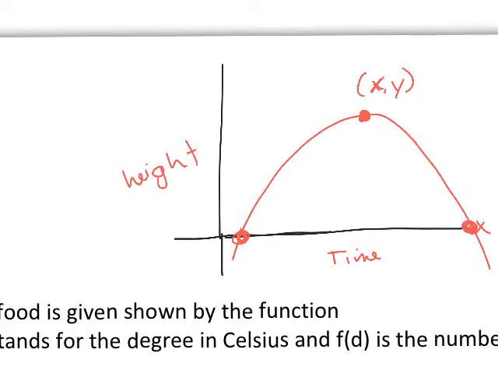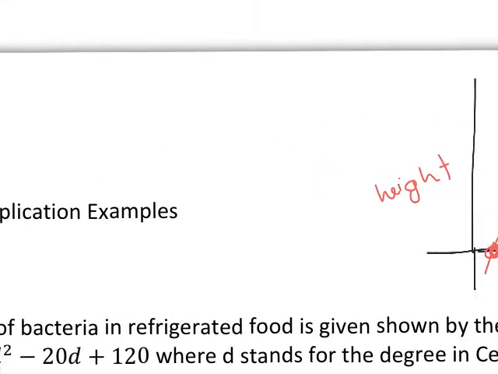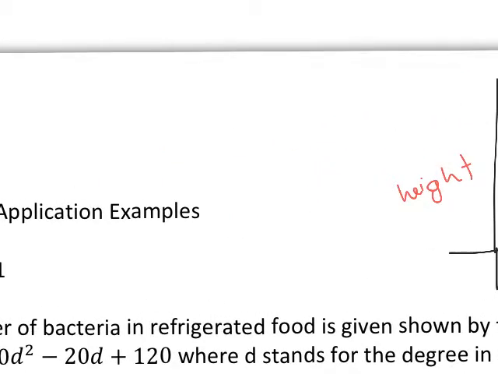So vertex, just really quick as a reminder, okay. Vertex, remember we're working with the standard form of a quadratic, so that's y equals ax squared plus bx plus c, okay?